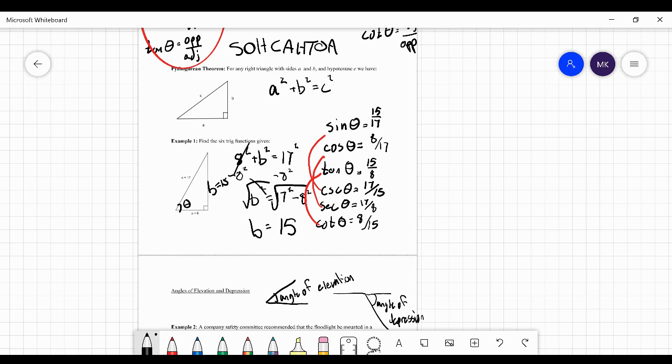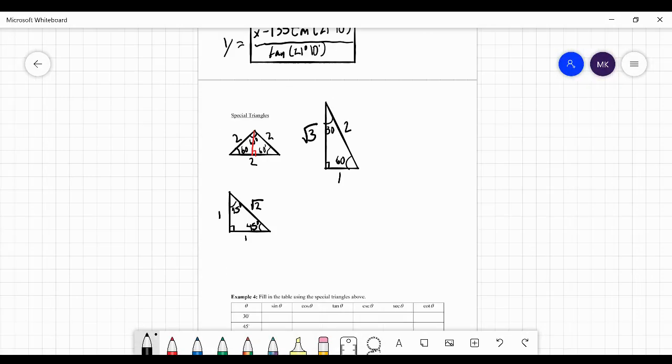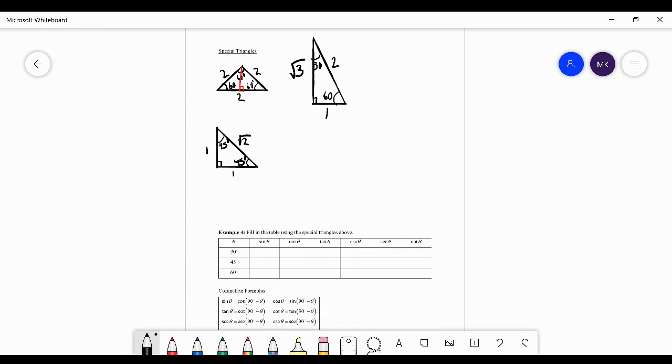What made 2 triangles similar was that they had the same angle measure. So it doesn't matter how big these special triangles are. If they are a 45, 45, 90, or if they are 30, 60, 90, their trig function values will always be the same because that ratio will always simplify down to this ratio here. So that's a really cool thing.